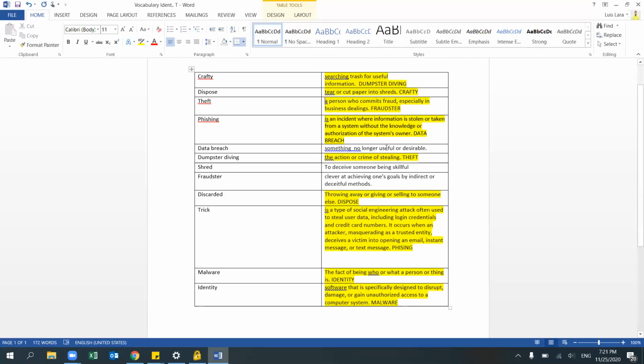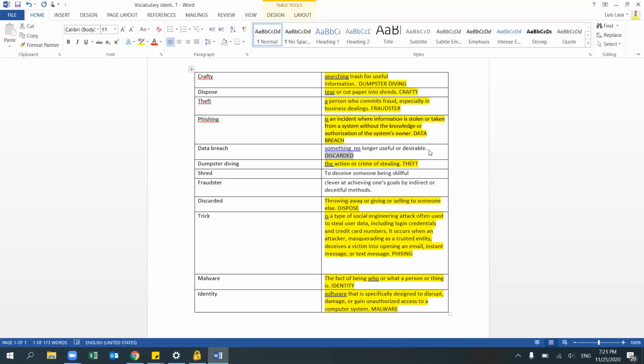Number 5 is the right one for discard. And we're missing shred, and what else? And trick, right? Achieving one goal by indirect or difficult method. This is trick.